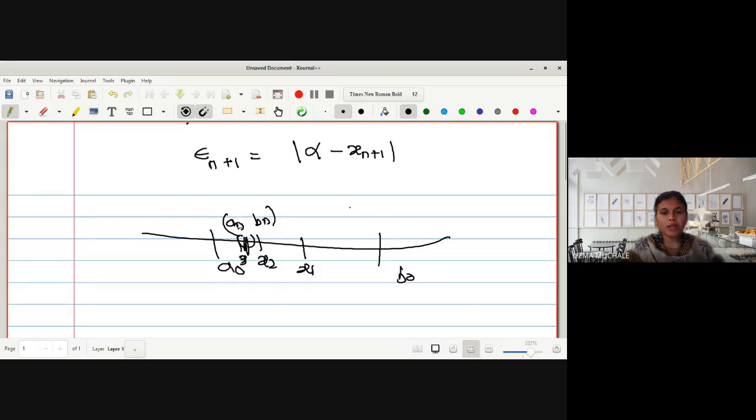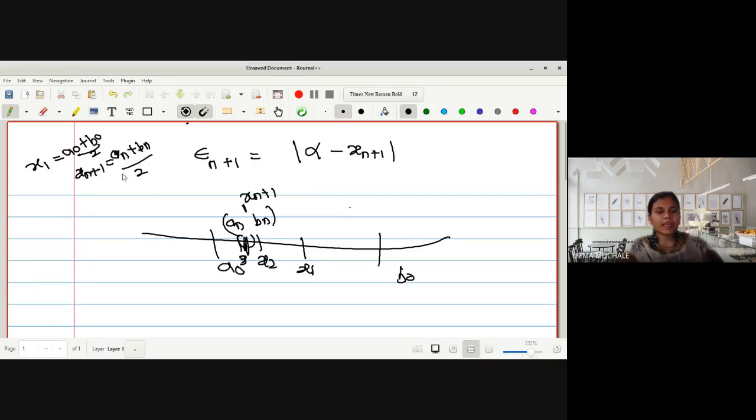But we don't know the exact number, so after dividing we get xn plus 1. The name itself suggests that xn plus 1 is equal to an plus bn divided by 2. How did you find x1? It is nothing but a naught plus b naught divided by 2.